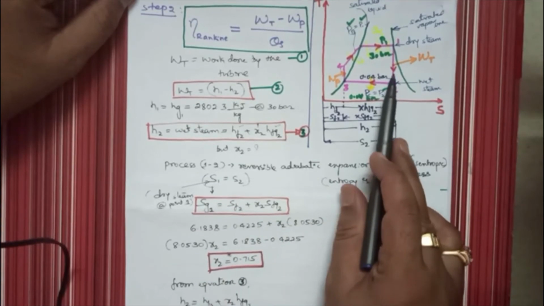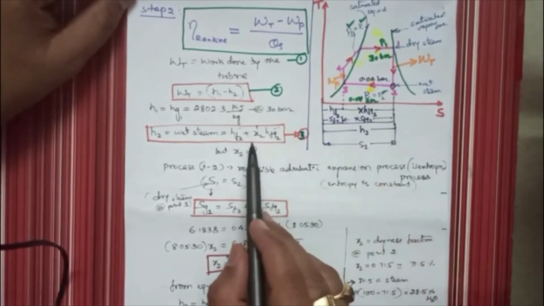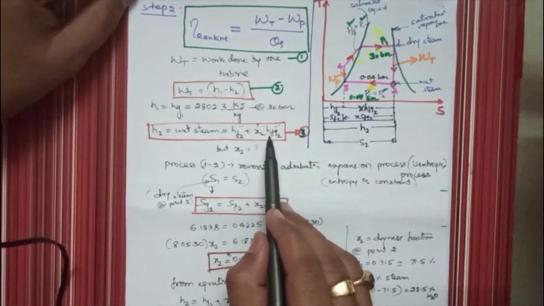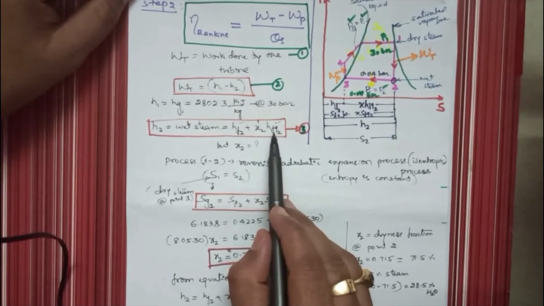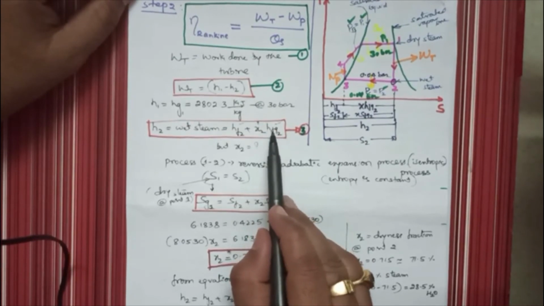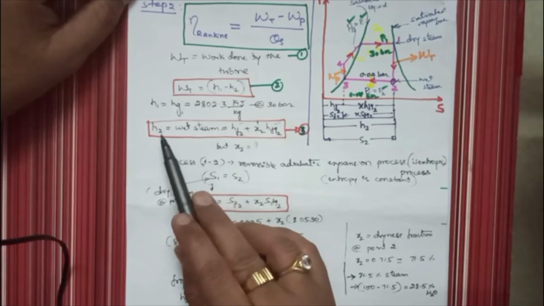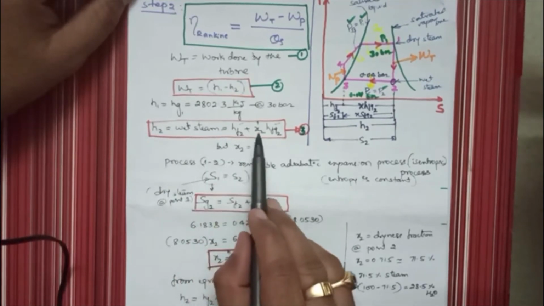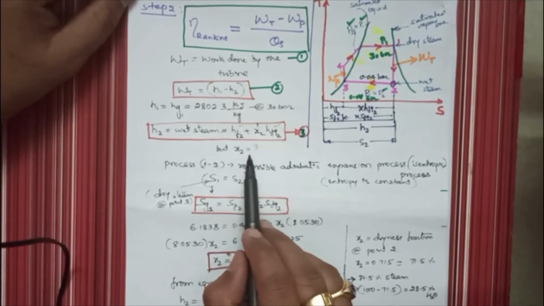Correct? Exit of the turbine or inlet to the condenser, both are the same. He has not given it. HFG2 is the enthalpy of the mixture of fluid and gas at second pressure, that is condenser pressure. So this data is given from the data handbook, but to calculate H2 I need X2. But how to calculate X2, that is the question.